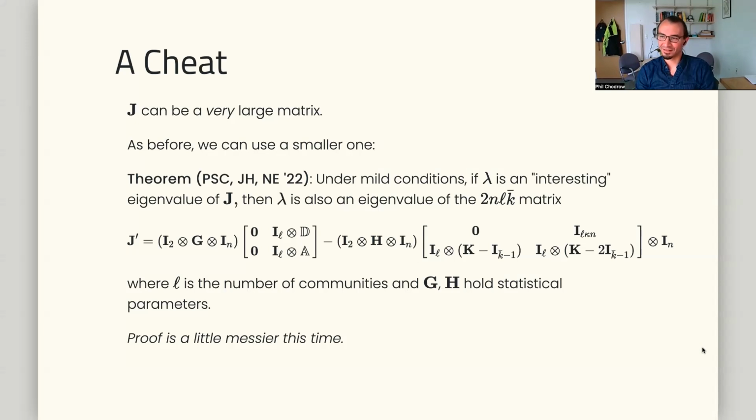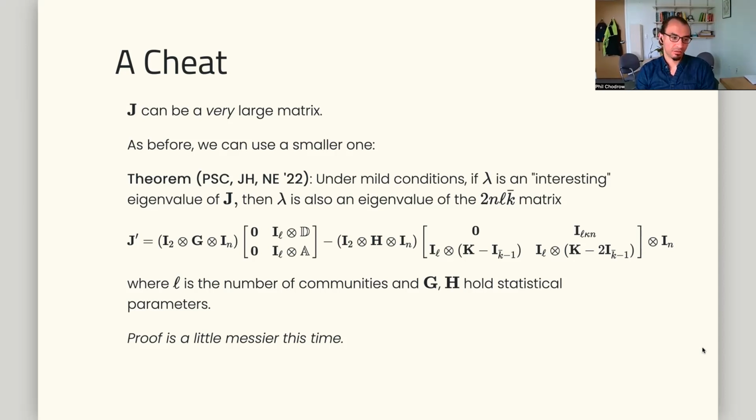This proof is honestly a little bit of a nightmare, so I'm not even going to tell you very much about it. But it uses a lot of the same tools from the similar proof from last time. So this is something like an Ihara-Bass theorem for this linearized belief propagation Jacobian. So we can compute either on the Jacobian itself, J, or on this smaller, denser matrix J prime in order to obtain the eigenpairs that we want.